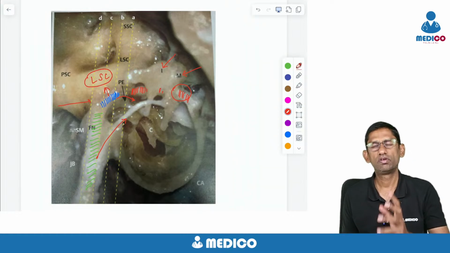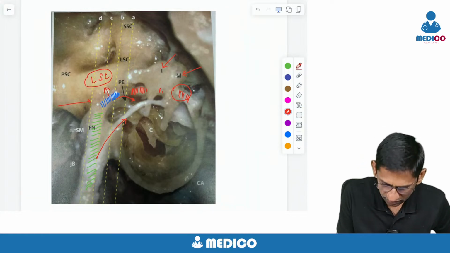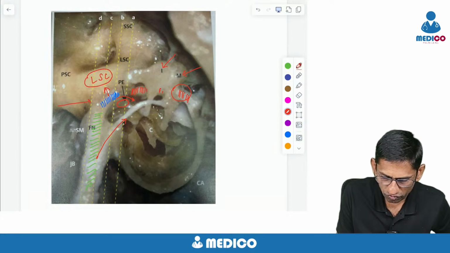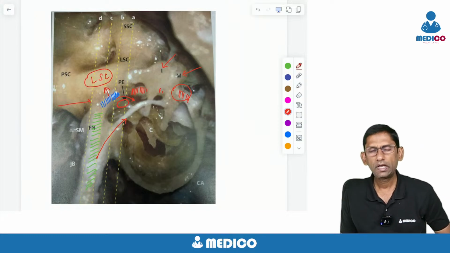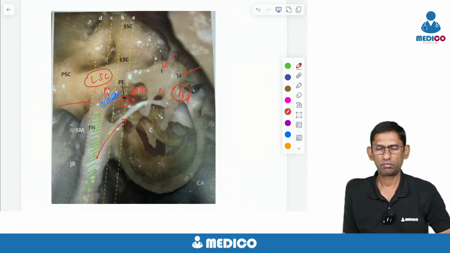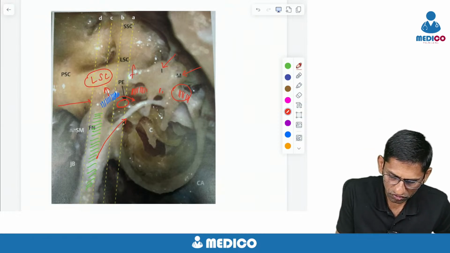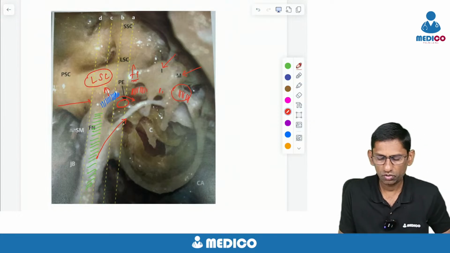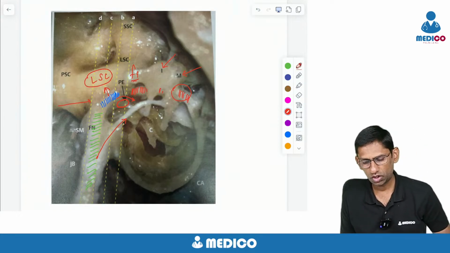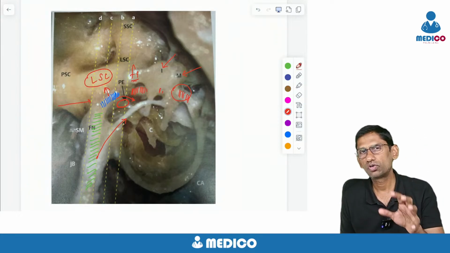At the area of the second genu, we have this prominent process called pyramidal process. And fossa incudis, this is also related to the second genu. I told you where the short process of the incus is lying is called fossa incudis.